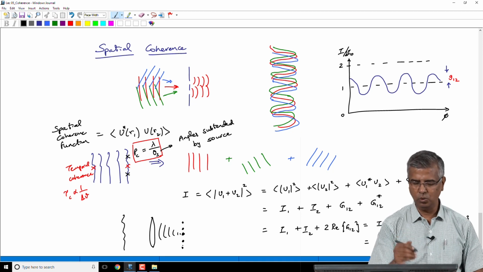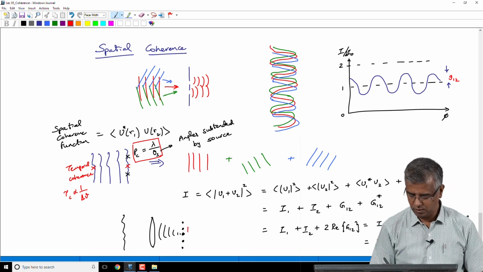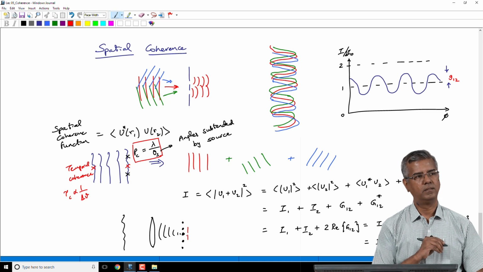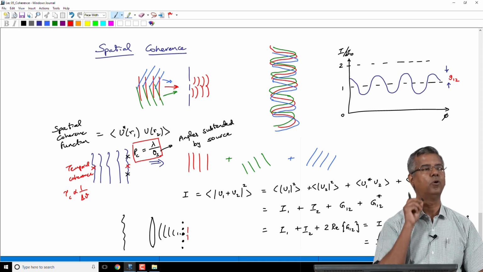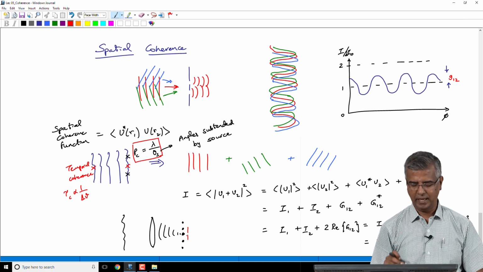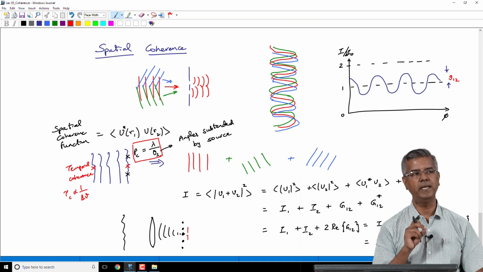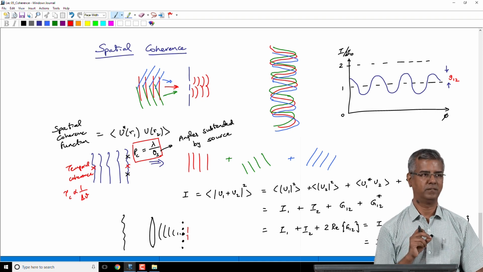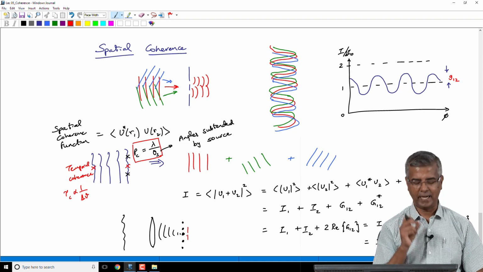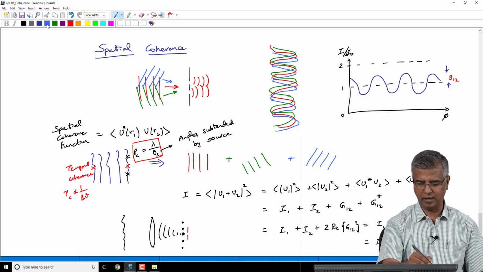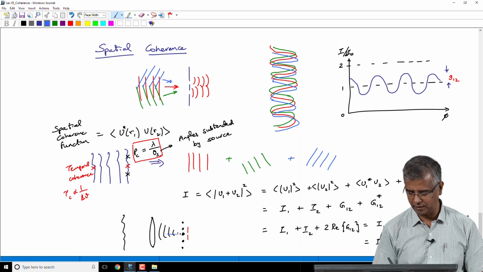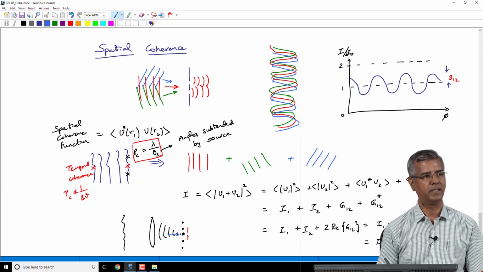Okay. Now, if I put a spatial filter, right, I put a pinhole such that it allows only that central point. That central point constitutes a wave front, a wave vector that is going in a particular direction.